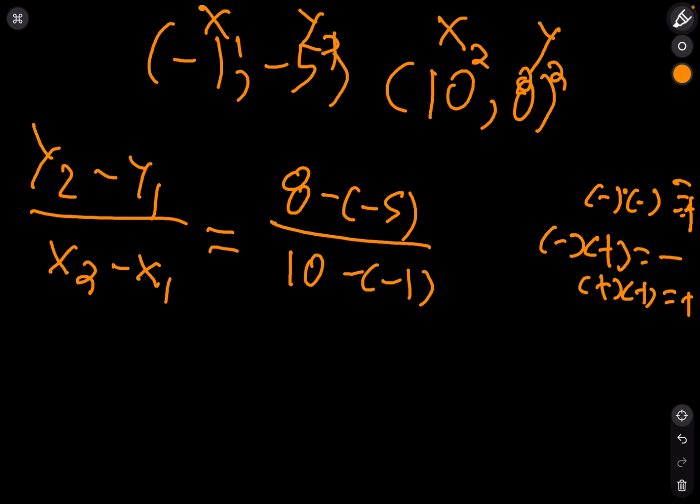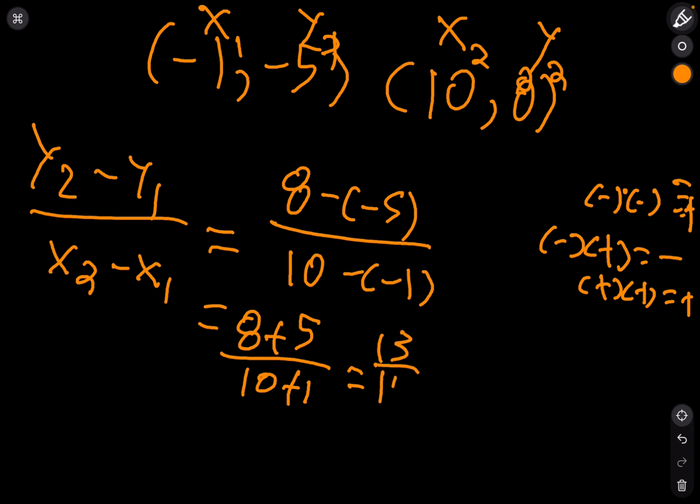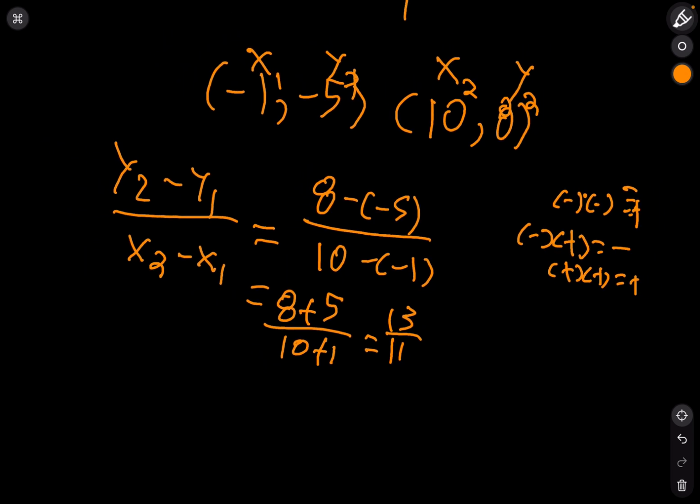So that's just a cool little trick to help you remember the negatives. From here, we can say that negative times -5 is just +5, so you're really just adding them. If you want, you can always turn it like this to make it simpler for you. And you can see how our equation gives us the answer of 13 over 11 as your slope.